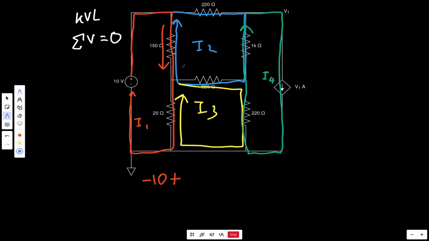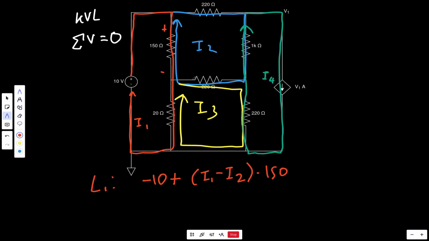However, as you can see, the blue current clearly wants to go up. Because we're viewing it through the lens of loop 1, we're viewing I1 to be positive, so we're hoping that I1 is correct. So we're going to write I1 minus I2 multiplied by 150, and there we go. Now we have the voltage lost from this resistor.